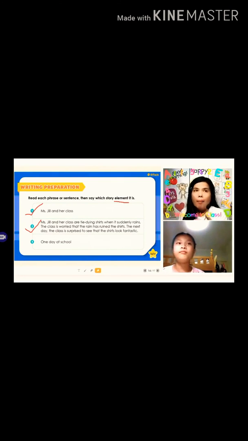I think the place. Miss Jill and her students are tie-dyeing T-shirts when the rain runs. Okay. The class is worried that the rain has ruined the shirts. The next day, the class is surprised to see that the shirts look fantastic.